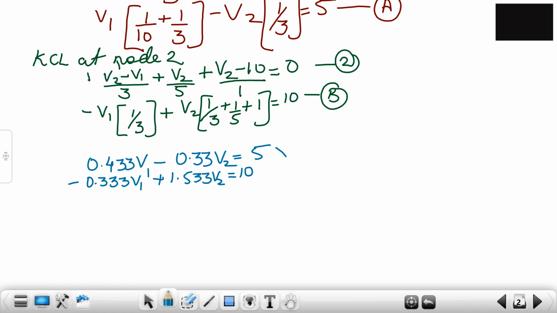Cross multiply so that we can eliminate V1 and find out V2.